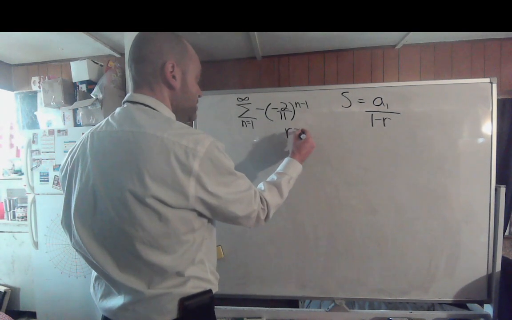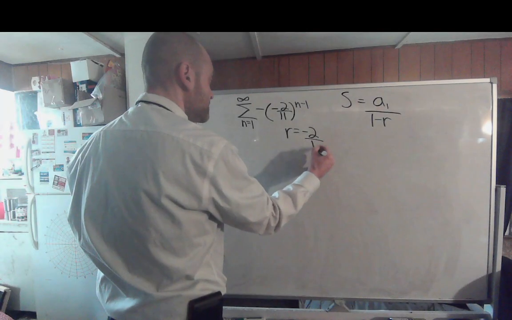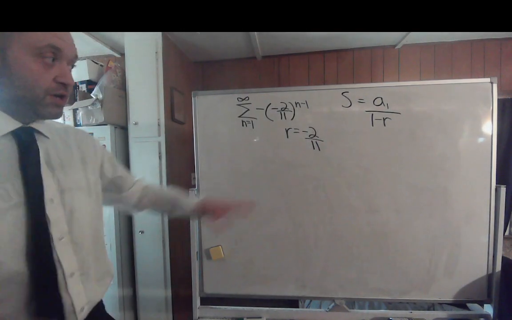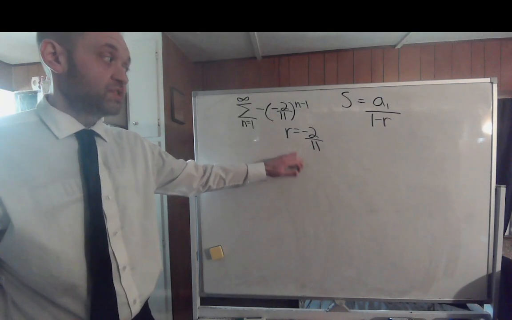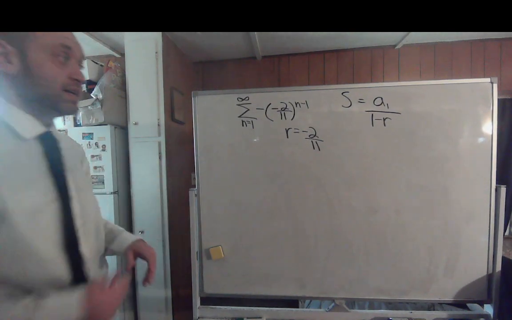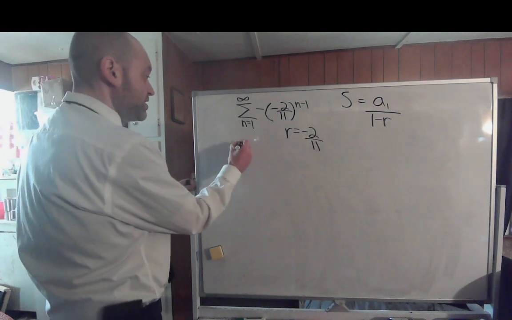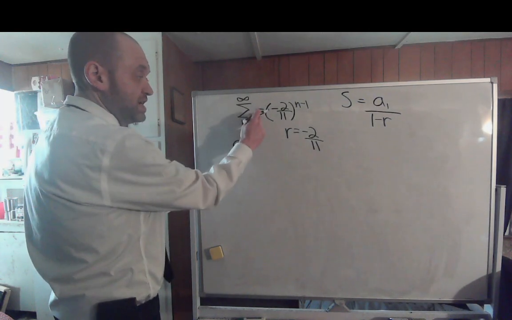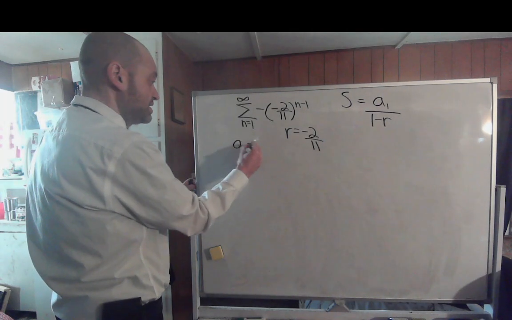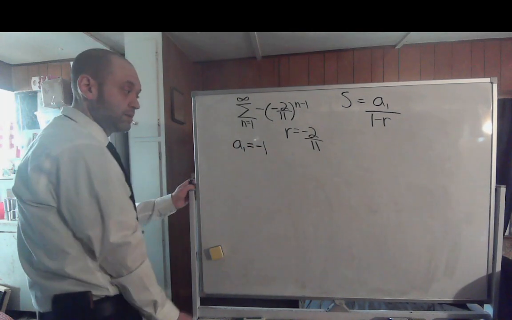The common ratio is negative 2/11. Take the absolute value of negative 2/11, which is positive 2/11, less than 1. So this series will converge to a finite answer. Now find your a sub 1. That would just be negative 1 because you have a negative sign outside the parentheses. So a sub 1 is negative 1.